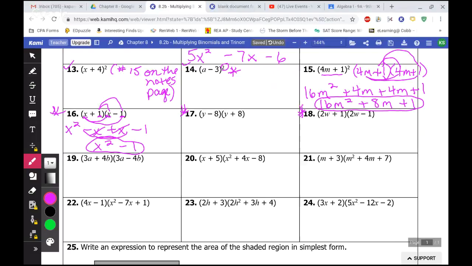Once again, the first term in the first binomial matches the first term in the second binomial, and the second term in the first binomial matches the second term in the second binomial, but the signs in the middle are different. So that tells me that it's the difference of squares, and the two middle terms should cancel out.